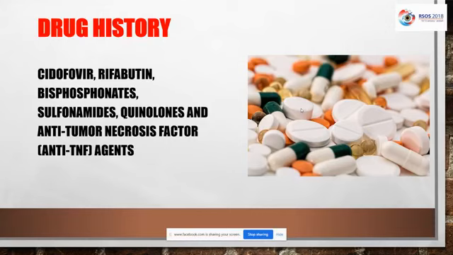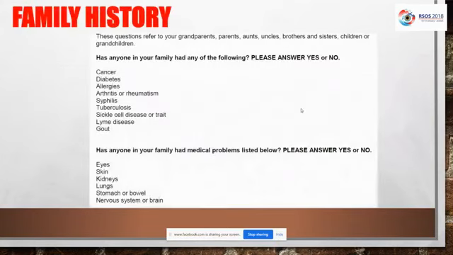Despite anti-tumor necrosis factor being used for treatment of uveitis, it can still be associated with uveitis in some patients. So there are reported cases of bisphosphonates, sulfonamides, quinolones, and anti-tumor necrosis factor. So this is related to the drug history.